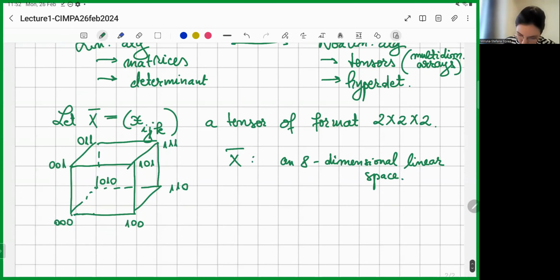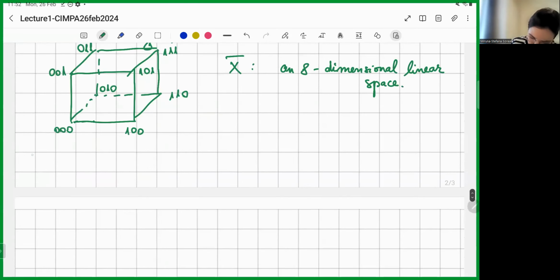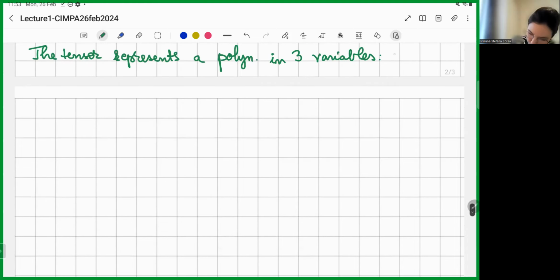In this case, just to not get into other theories, we think in this example that the tensor represents a polynomial in 3 variables, let's call them Z1, Z2, Z3. How does this look?